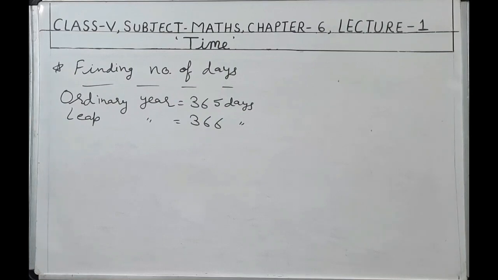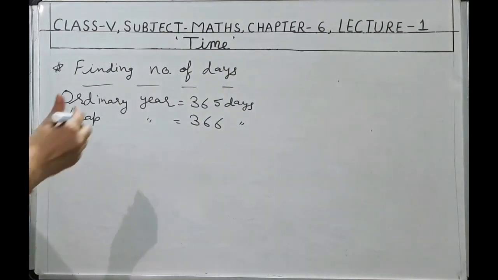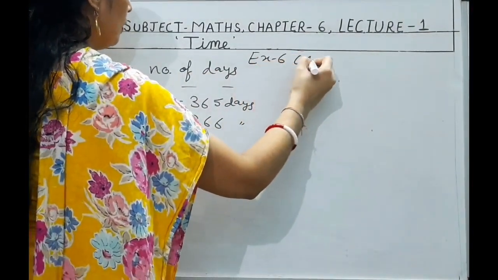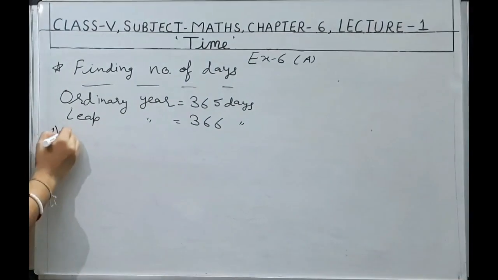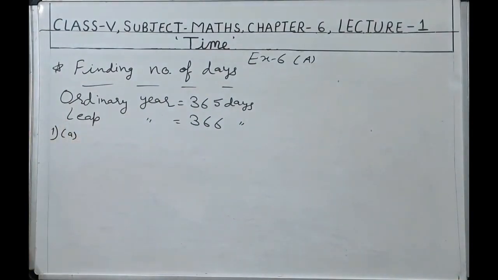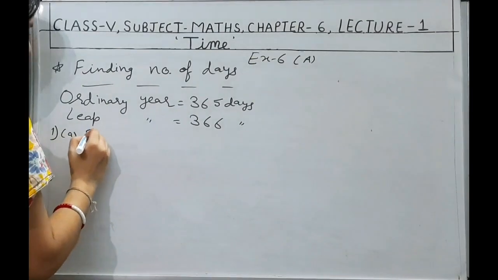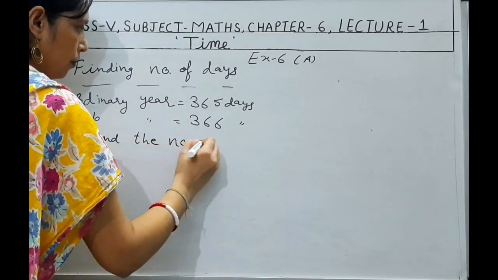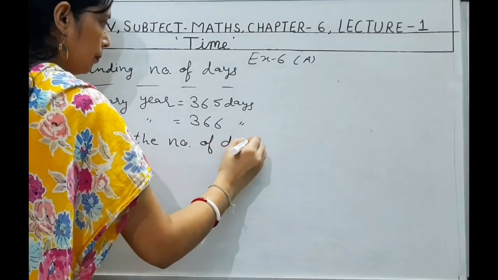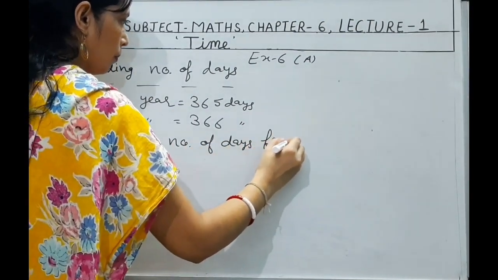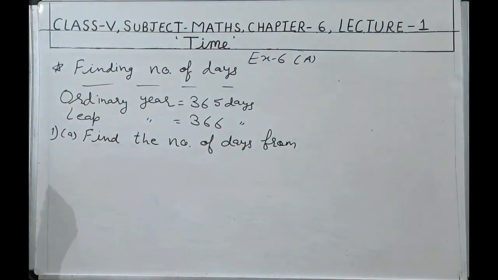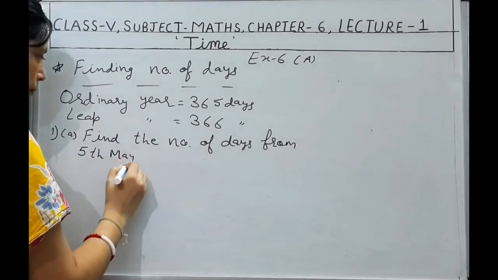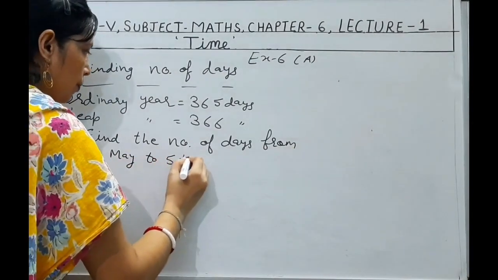Okay. Now we will start our exercise 6A. Question number 1, A part. Find the number of days from 5th May to 5th July.